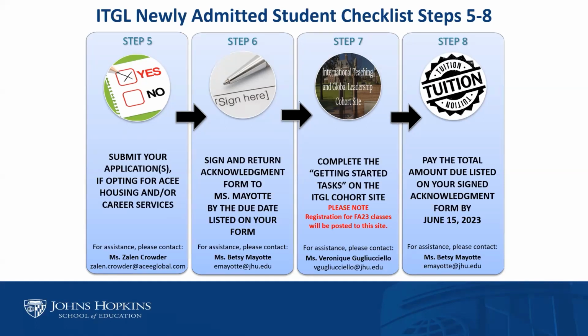The acknowledgement form is a very important part of this process because it provides all the information you need to know as far as your responsibilities as a Johns Hopkins University ITGL incoming student. And we want to make sure that we have made all of that information very clear to you.